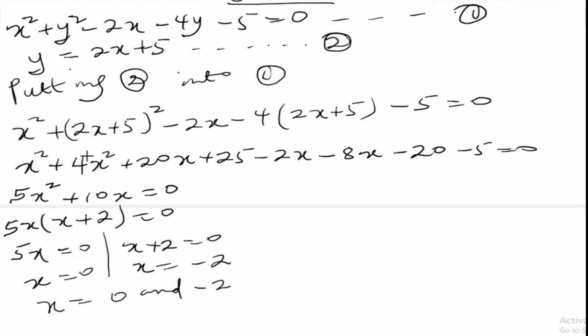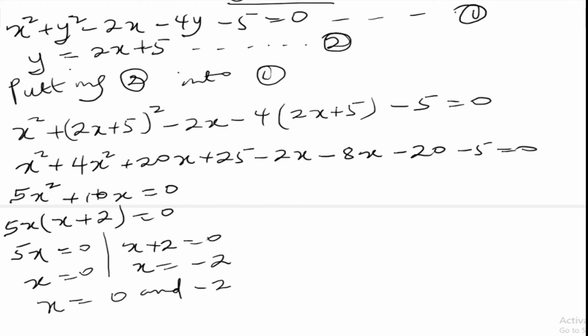By binomial expansion, (2x) squared gives 4x squared, then 2 times 2x times 5 is 20x, then 5 squared gives 25. Then minus 2x, negative 4 times 2x gives negative 8x, negative 4 times 5 gives negative 20, then minus 5 equals 0.